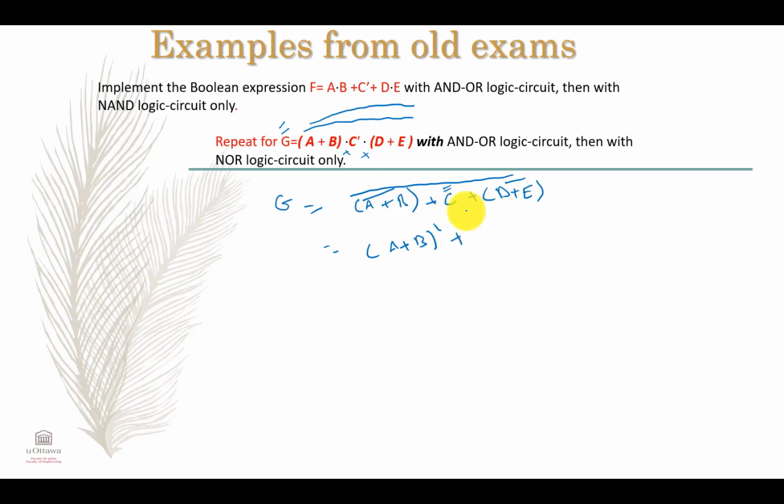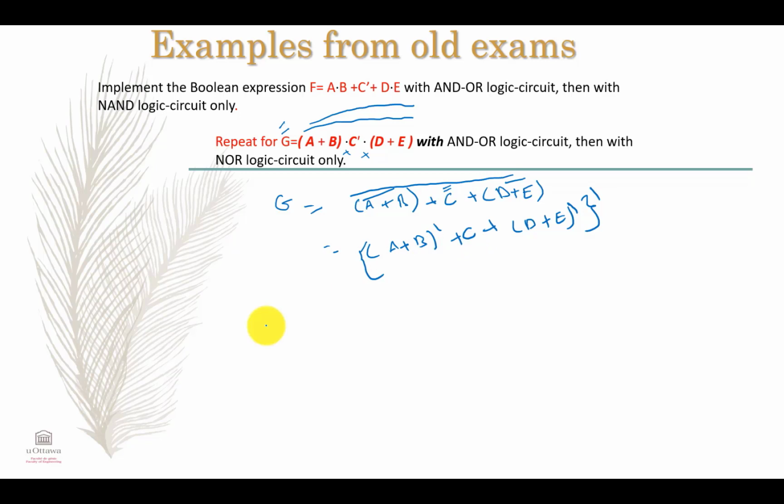And for C, C double prime will be equal to C plus D plus E, and this is also an OR gate, and the whole term is complemented. So that is an OR. Basically, when it comes to the C, I don't need to do anything.